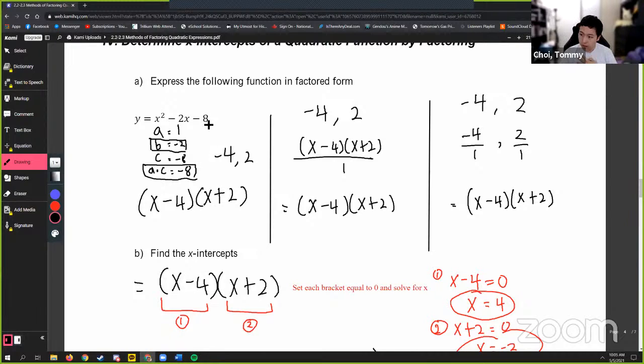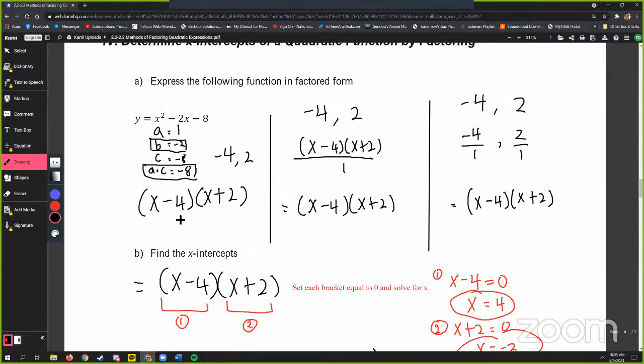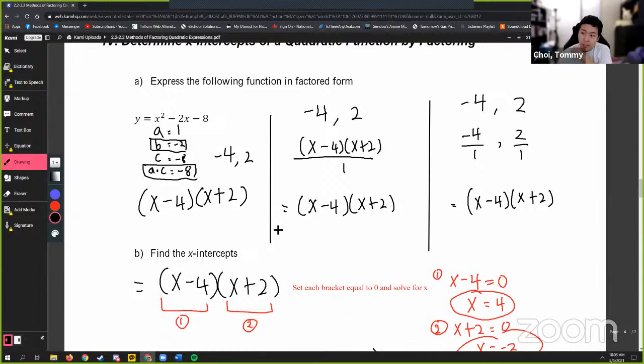Any ideas why? Why do you think I would say plug it into the first equation I give you rather than your factored form? Some people might say, oh, factored form's easier. If you factored incorrectly by accident, you're just going to make your answer even worse, right? That's not going to be great.